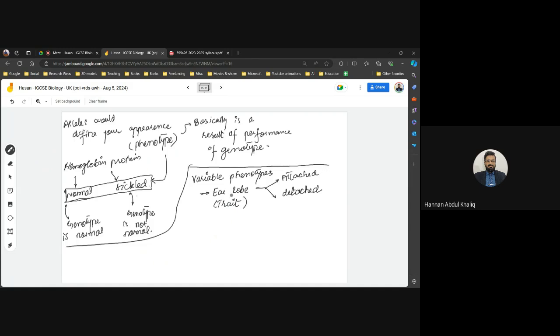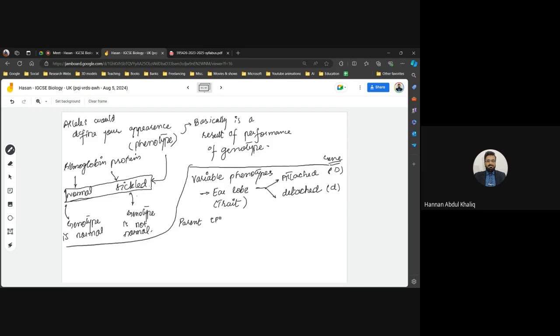Now, let's suppose that a gene, say capital D, is the cause behind the attached earlobe, and its alternate mutated form, small d, is responsible for the detached earlobe.